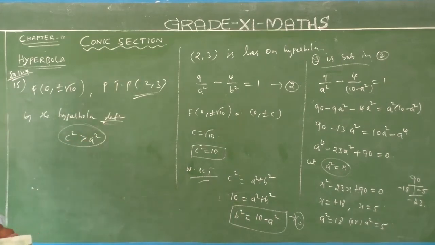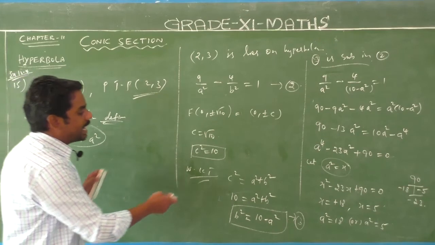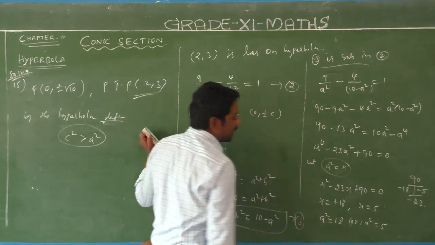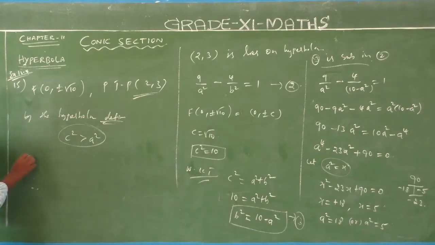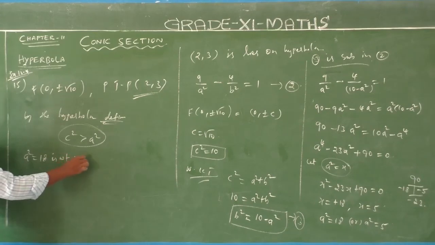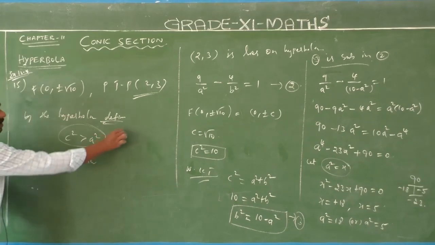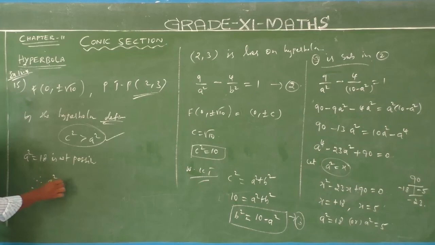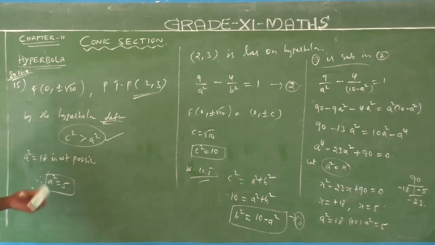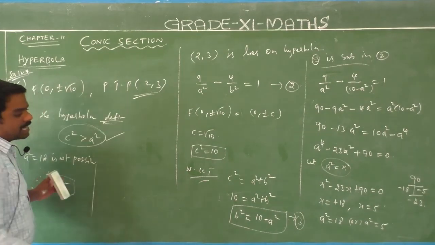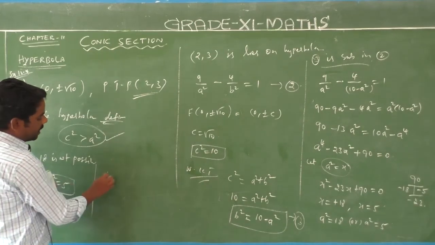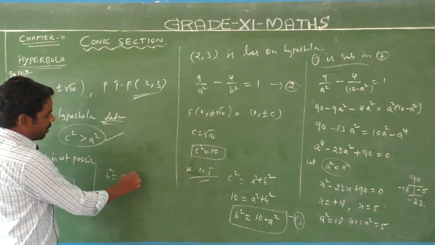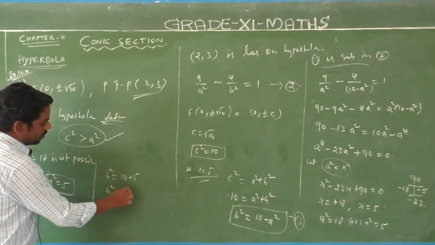Here c squared is 10, and a squared equal to 18 would be greater than c squared, so a squared equal to 18 is not possible. Therefore a squared equals 5. Then b squared is equal to 10 minus 5, so b squared is also 5.